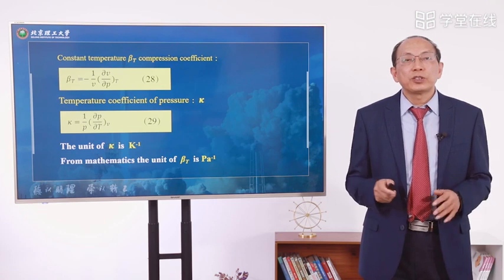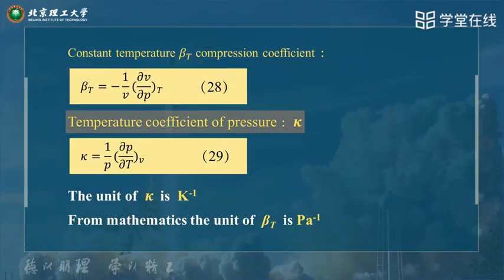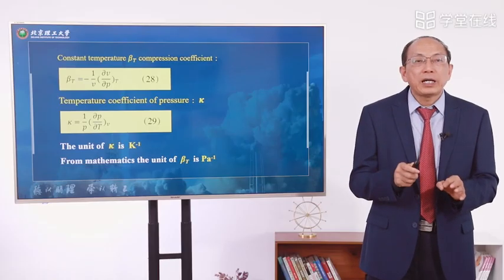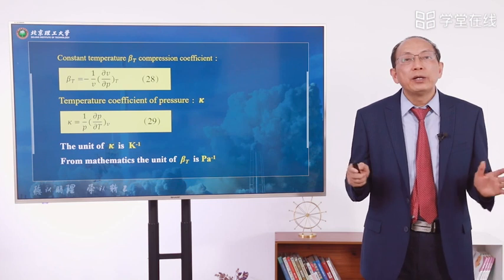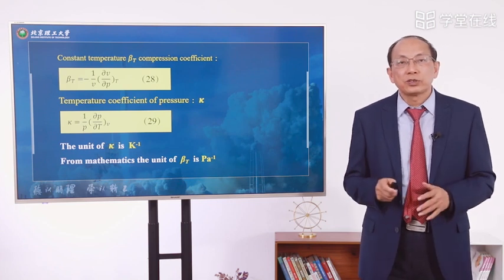The third coefficient is the temperature coefficient of pressure, kappa. Kappa equals 1 over P times partial P over partial T, V constant. It is equation 29.